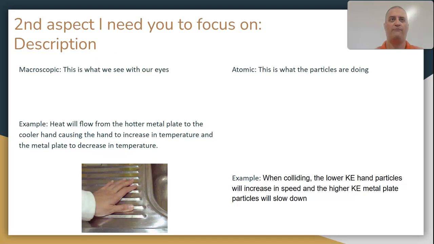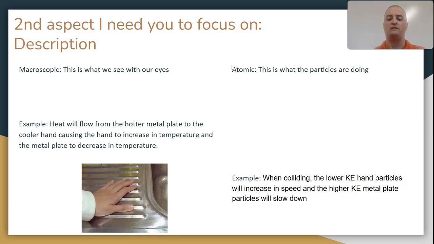Now for the atomic side, things are similar but different. First, the particles need to collide. So that means they need to be in contact in some way, but remember they're moving all over the place. Two, before colliding they travel some speed. Remember, particles have kinetic energy, not temperature.